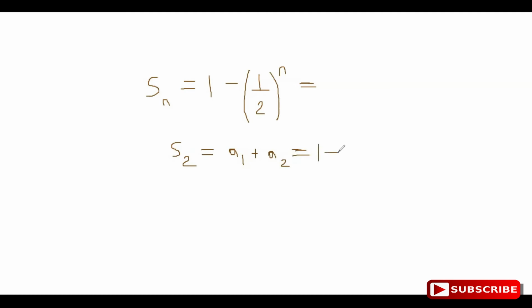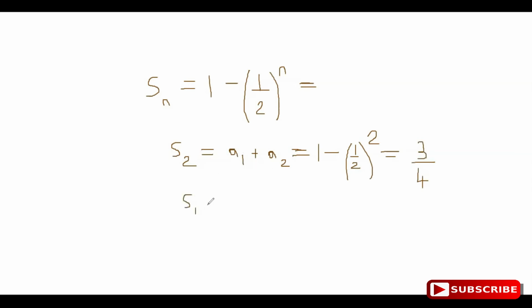And that's equal to 1 minus a half squared, which works out to be 1 minus a quarter, which is 3/4. So S2, which is A1 plus A2, is 3/4.